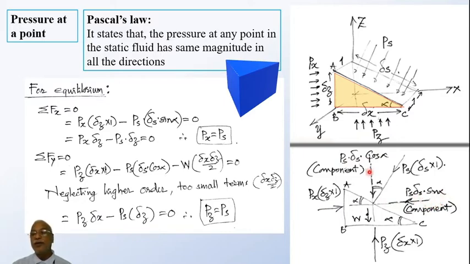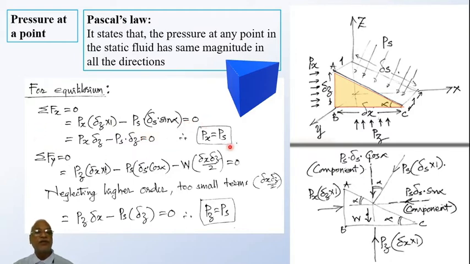Now we can apply the condition of equilibrium, sigma Fx equal to 0, in which rightward forces are considered positive: px delta z into 1 is plus, and this is leftwards, that's why minus ps delta s sine alpha, equal to 0.